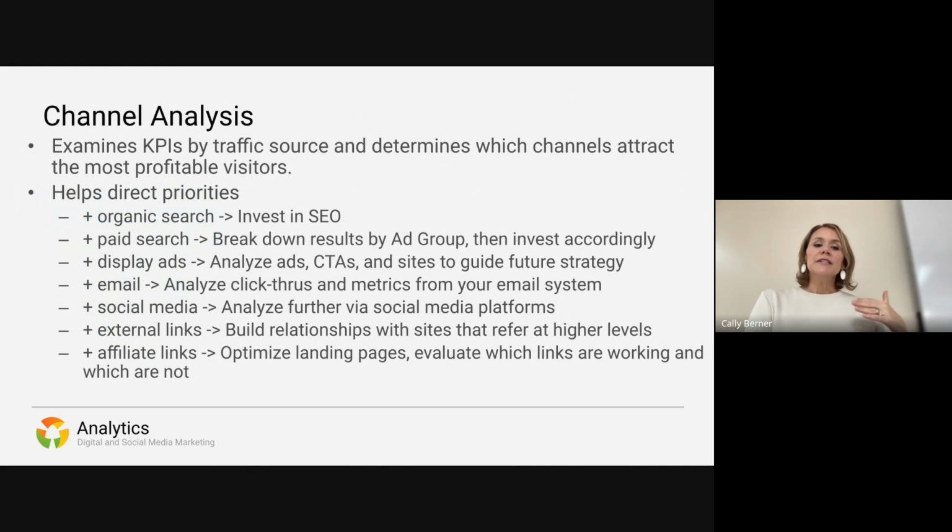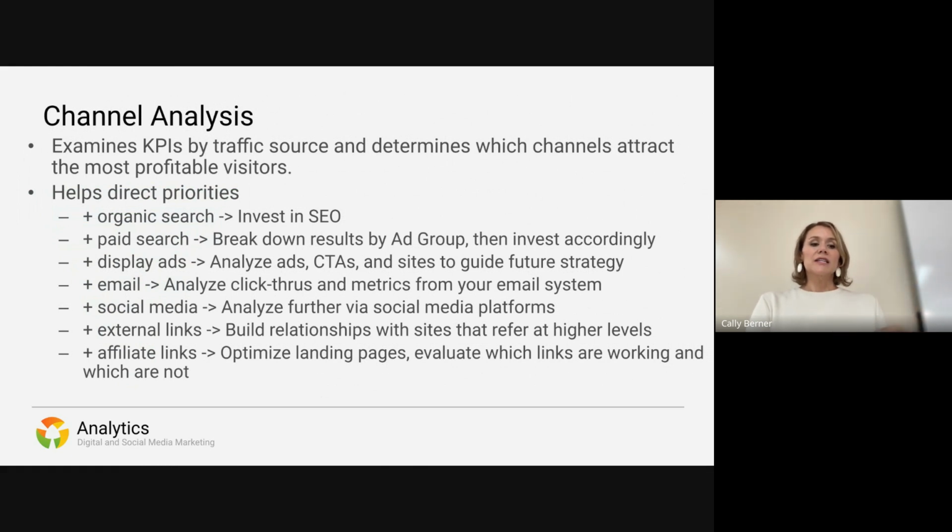If you are trying to understand why you're not getting a lot of traffic from paid search, from your pay-per-click, from those text ads that show up at the top of Google, then you will need to break down the results by the different ad groups, all of the different keywords that you're buying, and then figure out which ones are working and which ones are not.